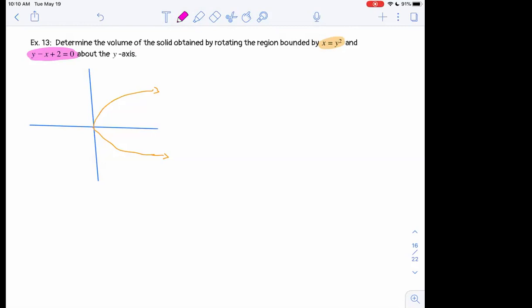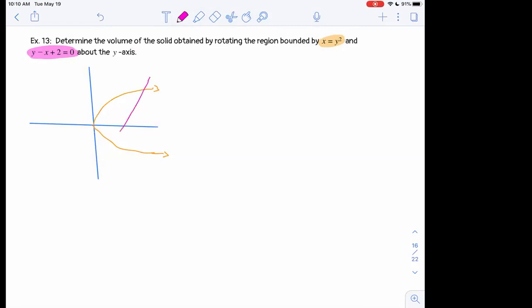Tell me a little bit more about that line. Positive slope, negative slope, y-intercept. The positive slope, yeah. What's the y-intercept? Yeah, -2. So we've got a line that looks something kind of like this, okay? And this point right here is 0, -2.